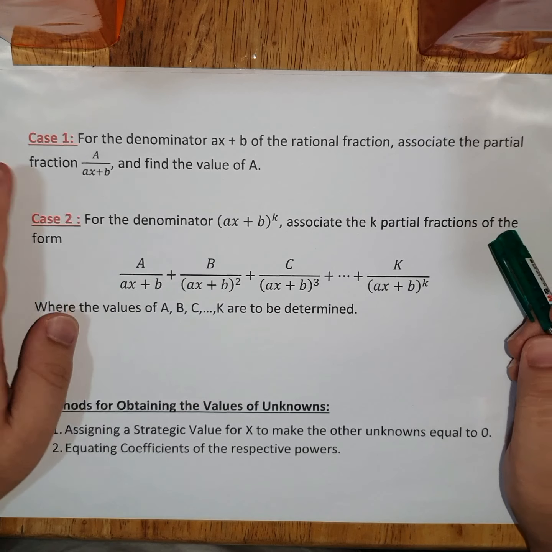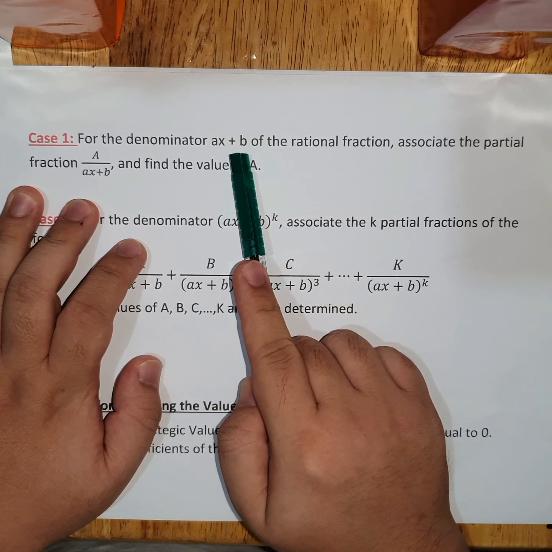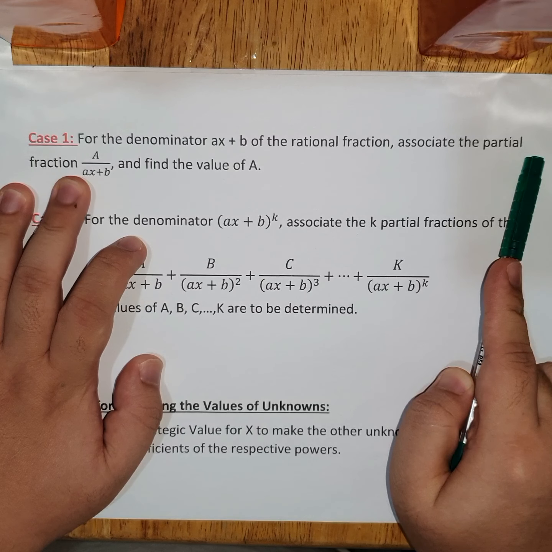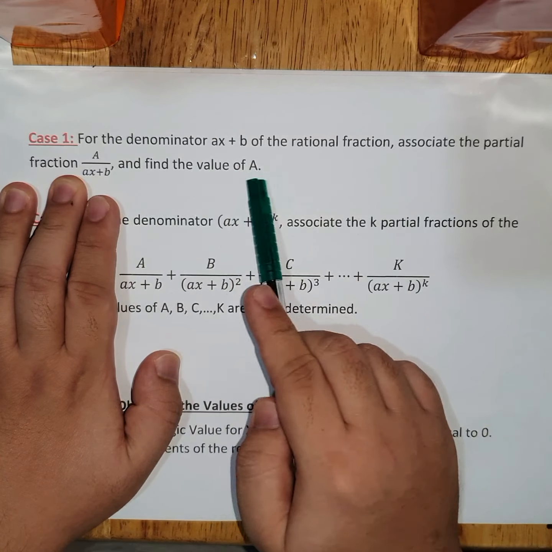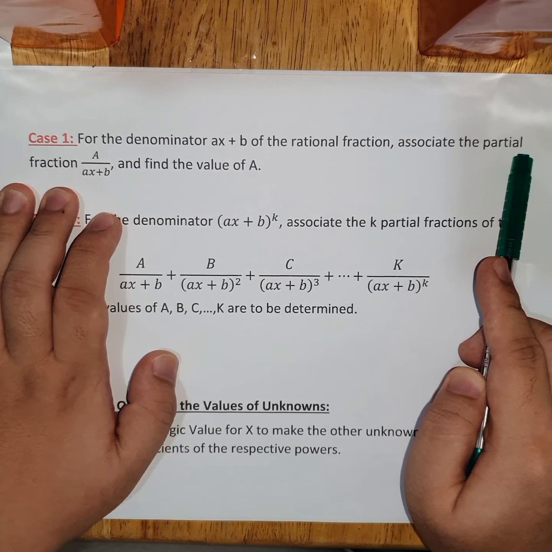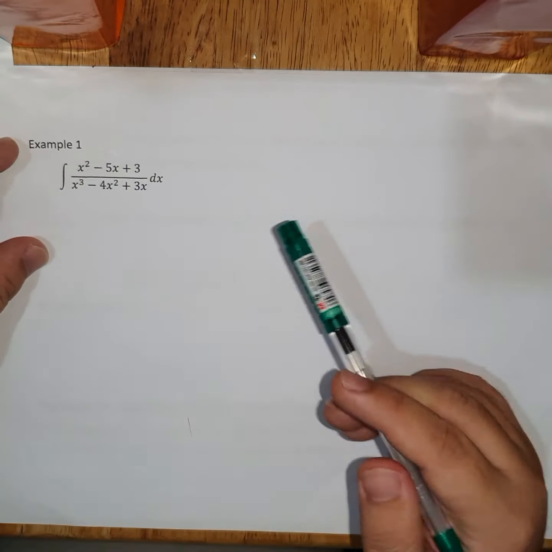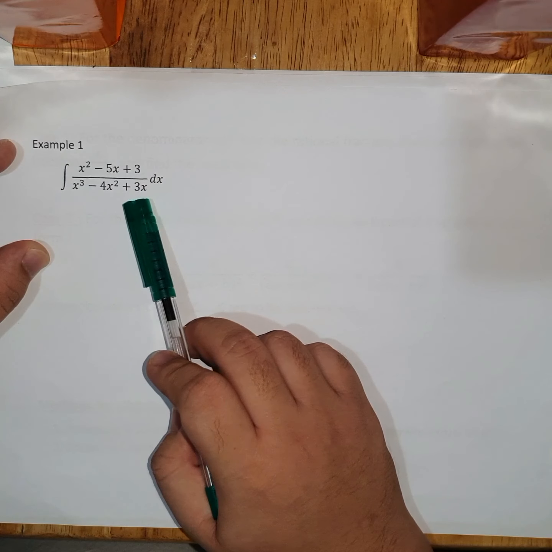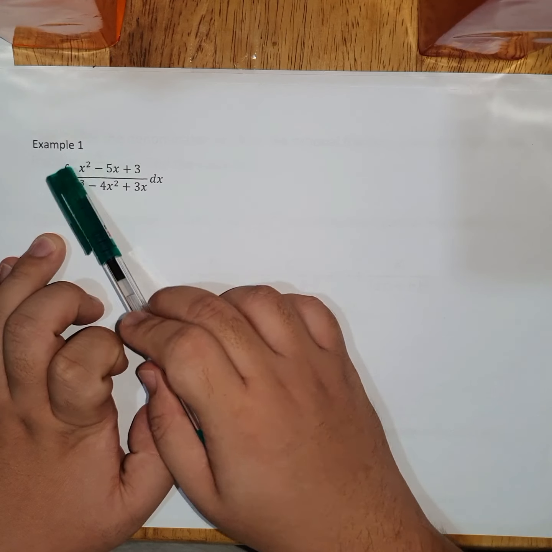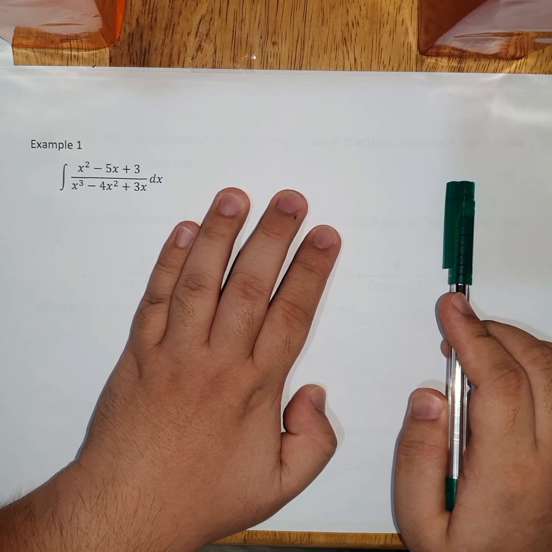Okay, case number 1. Yung sabi sa case number 1, for the denominator with the form or linear factor ax plus b of the rational fraction, associate daw natin yung partial fraction a over ax plus b. Tapos, find natin yung value of a. So, partial fraction, yun yung tawag kapag yung given integral natin, dinedecompose natin or nire-reduce itong original integral natin to a smaller or different fraction.